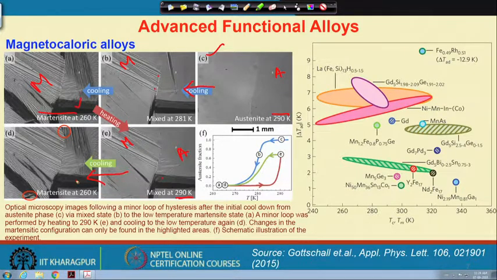So, this is the interplay between temperature and the austenite fraction, which is shown in this particular diagram, where C is represented here as C. So, I cool it, then I transform austenite, and just below close to 281, martensite started forming.